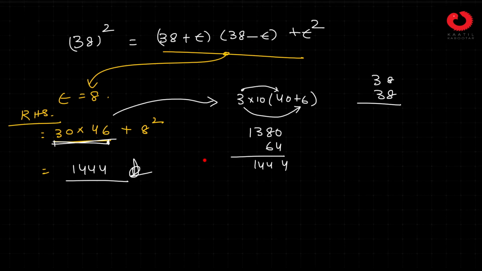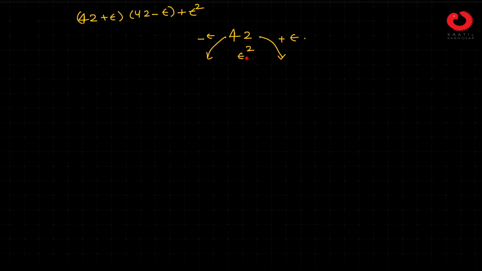Now how to see this method in a slightly different fashion, I will just tell you. Suppose I have a number, suppose that number is 42. So in this formula, it is 42 plus epsilon, 42 minus epsilon, plus epsilon square. What I will be doing is subtracting epsilon from this number, increasing this number by epsilon, and then finally adding the epsilon square.